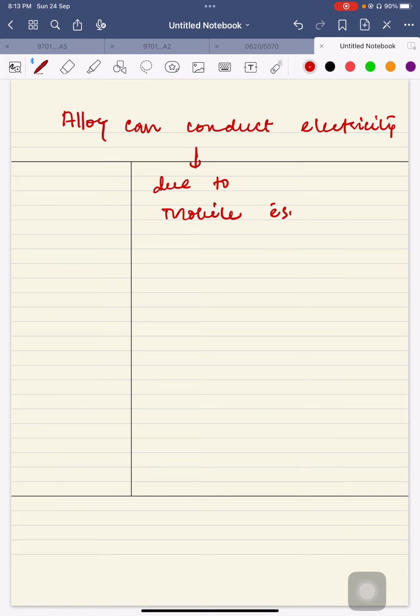Number one example is stainless steel. What is stainless steel made up of? Stainless steel is made up of iron, chromium, nickel and carbon. Chromium symbol Cr, nickel symbol Ni, iron symbol Fe, and carbon is C. These are the elements which are mixed with each other to give you stainless steel.